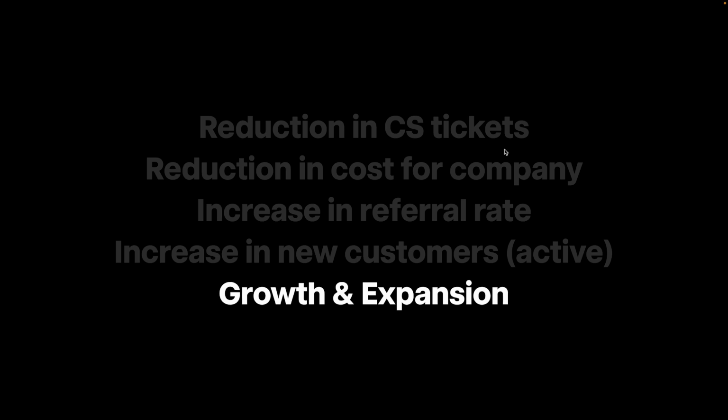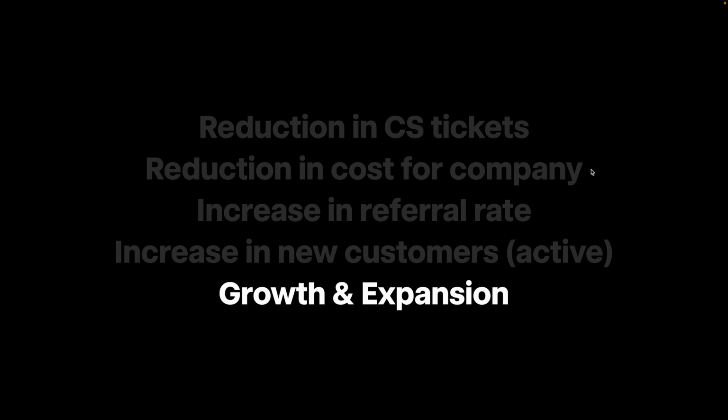Now, reduction in cost is also sort of a byproduct of growth and expansion. The objective was not to reduce cost, but it is one of the initiatives, right? So this reduction in customer tickets not only increases the referral rate, but it also reduces cost, which are two separate KPIs. Increasing the referral rate is going to be handled by the growth team, and reduction in cost for the company is going to be handled by the customer support team.